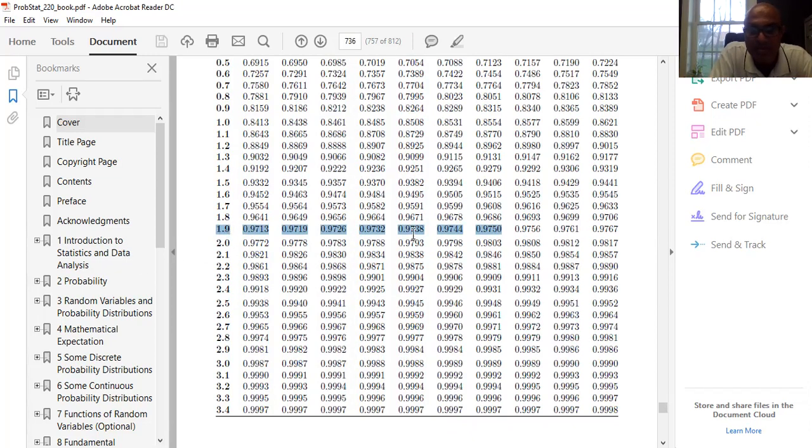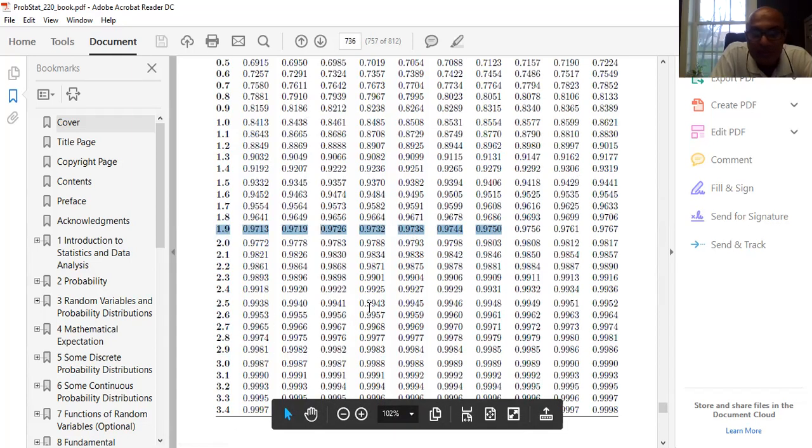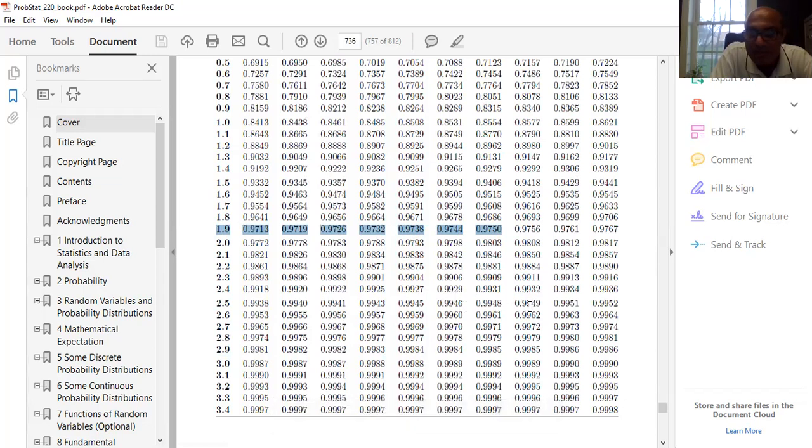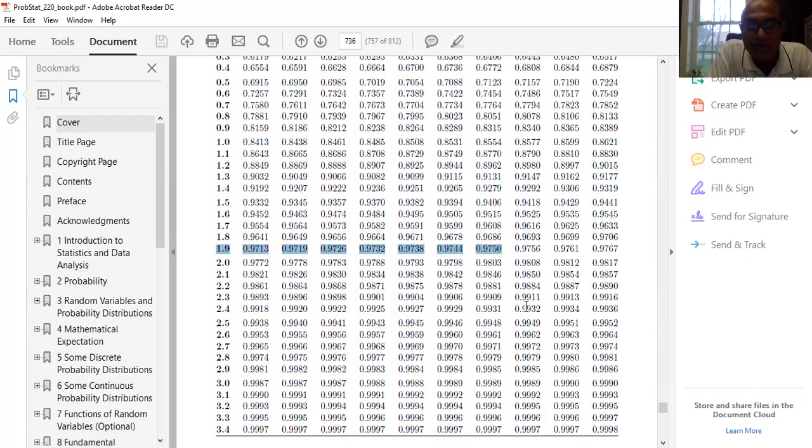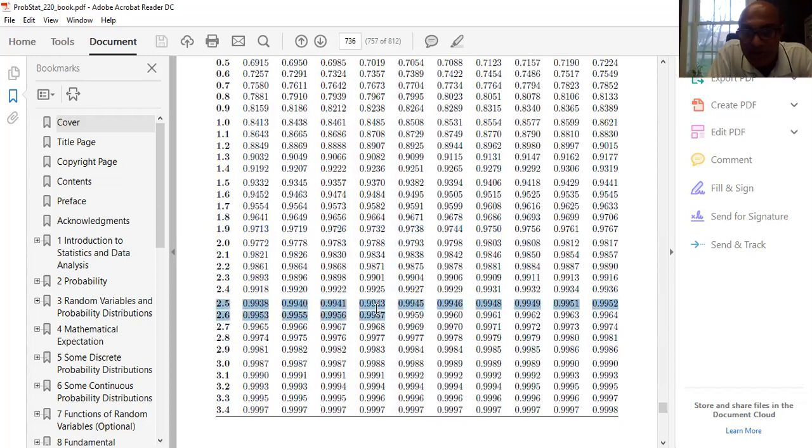So one value is fixed now. For 95%, it is 1.96. And for 99%, your z-score value will be between 0.9949 and 0.9950 or 0.9951.